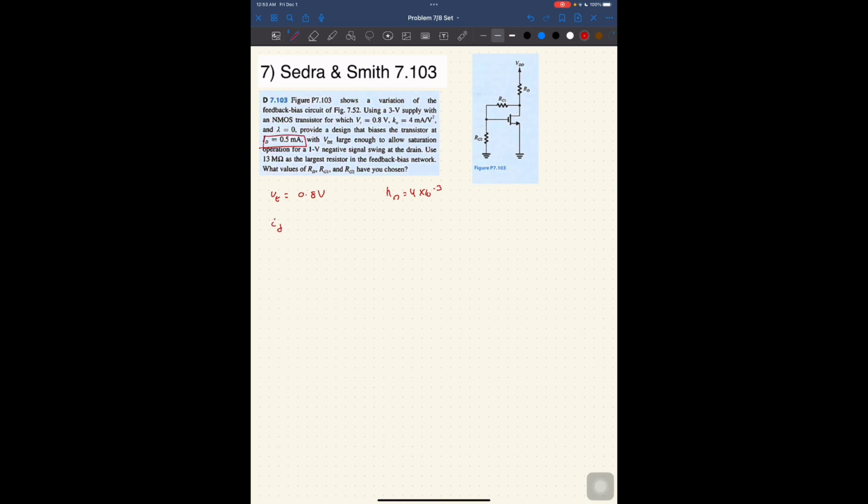So ID is equal to 1/2 Kn VOV squared, and ID is equal to 0.5 milliamps with a VDS large enough to allow saturation. So VDS has to be greater than VOV, implying that VDS has to be greater than VGS minus VT.